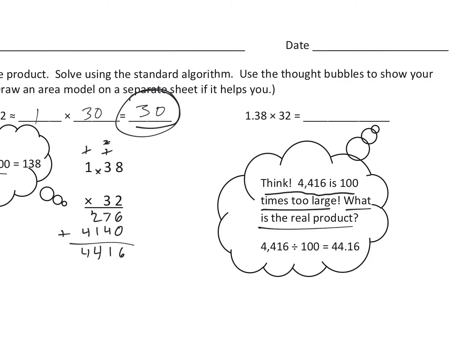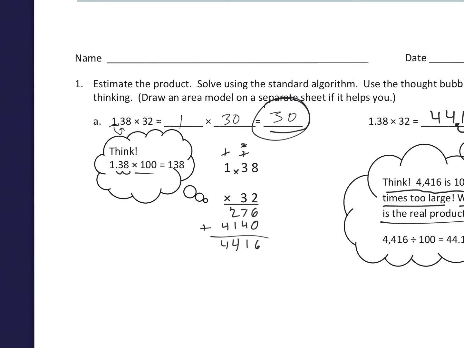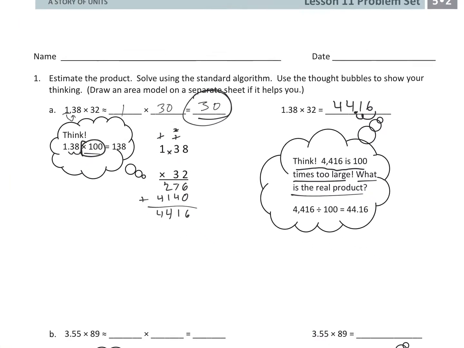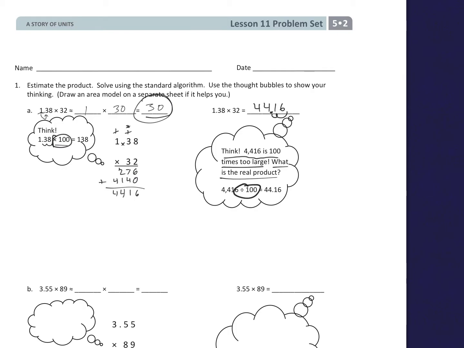If I times by 100, I need to divide by 100 when I'm done. So I've got 4,416, and I got to move the decimal over 2 places to divide. Because I times 100 here, I have to divide 100 when I'm done.